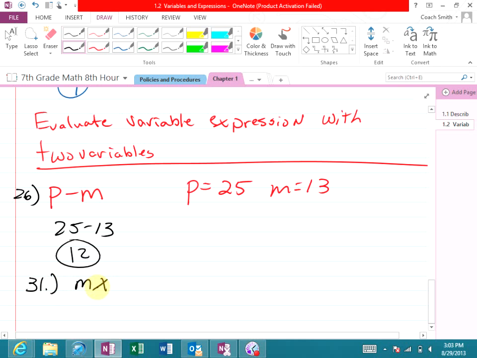MX. Okay, and in our directions they say x is equal to 3. So what's my new expression? If I have MX, they want me to evaluate, and M is equal to 13 and X is equal to 3. Haley Perez.